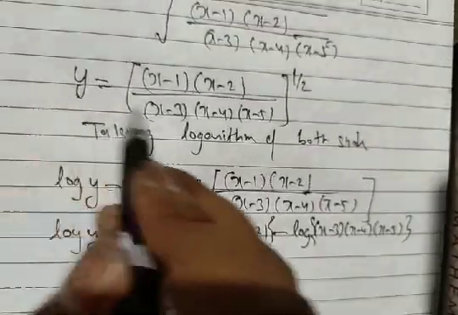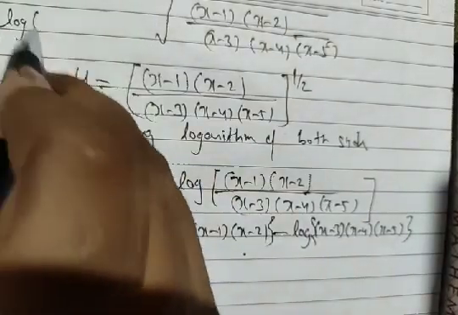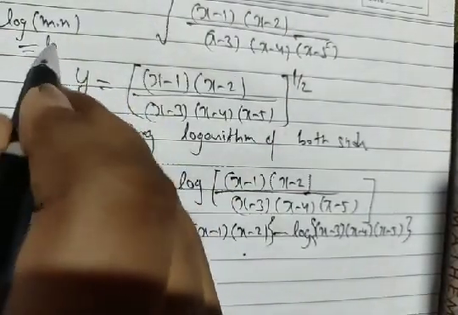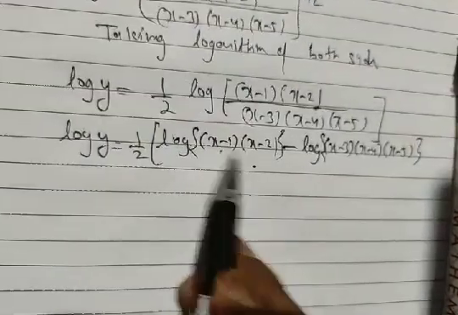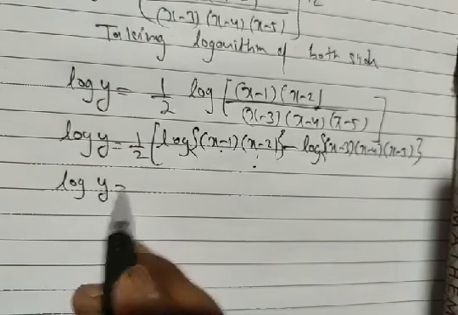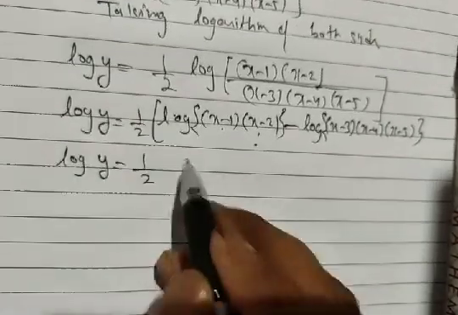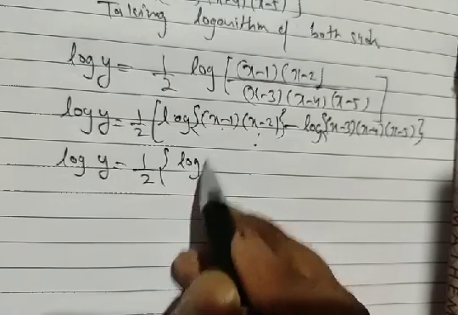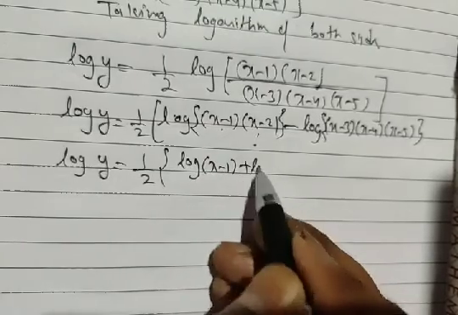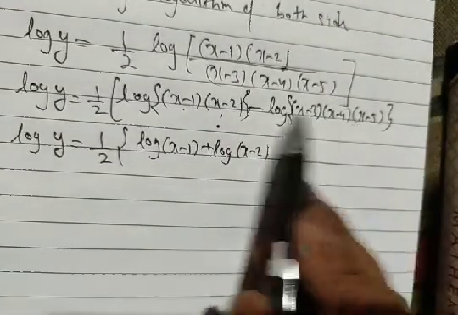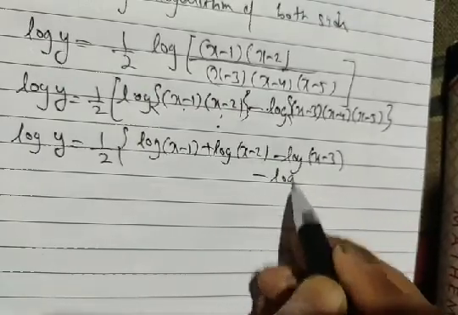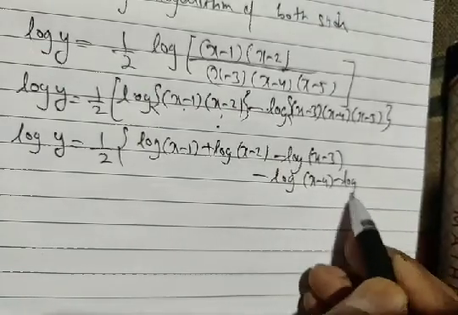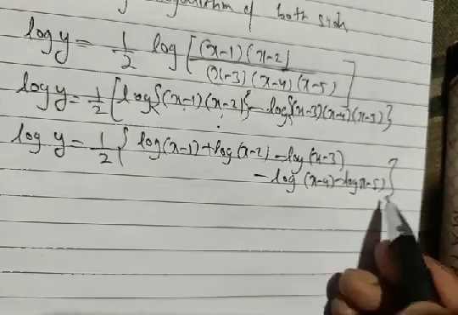When we have log of m into n, it converts to log m plus log n. So log y equals 1 by 2 [log (x minus 1) plus log (x minus 2) minus log (x minus 3) minus log (x minus 4) minus log (x minus 5)].